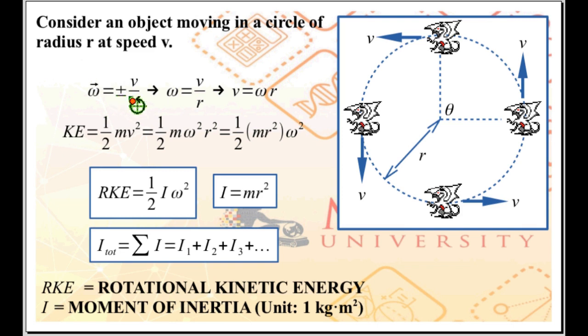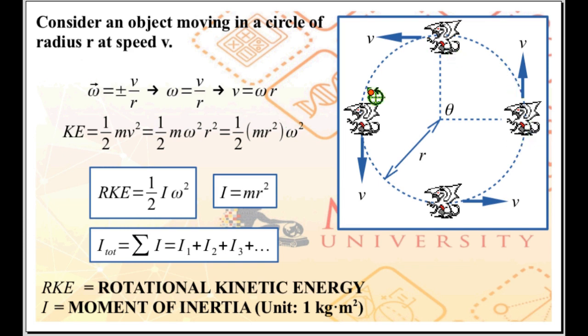We remove the plus minus sign because that refers to the direction, and we are just talking about the magnitude. Transferring r to the other side, we have the equation for the tangential speed: v is equal to omega r.